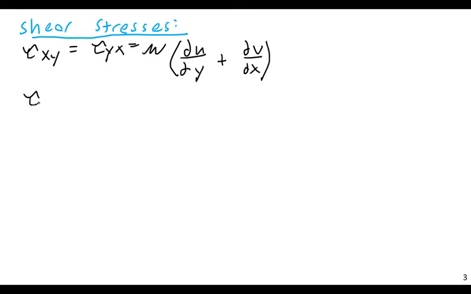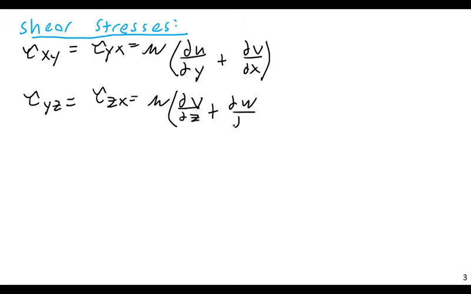And tau yz is equal to tau zy is equal to mu, and you can probably see where this is going, the partial of v with respect to z plus the partial of w with respect to y.